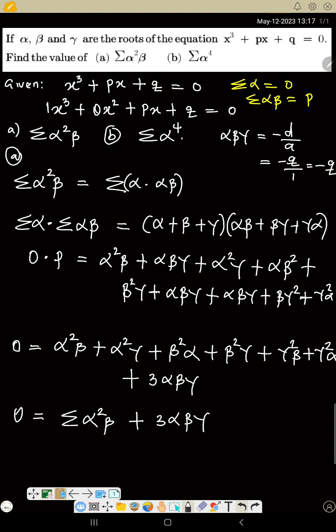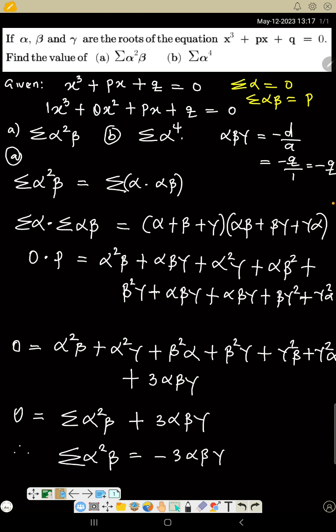So now summation alpha square beta equals minus 3 alpha beta gamma. We take this to the other side. So alpha beta gamma is minus q.